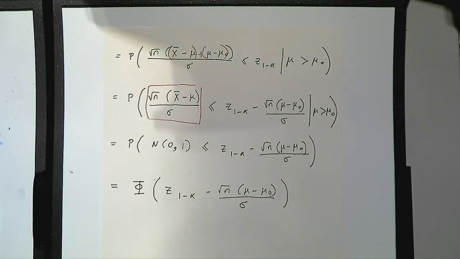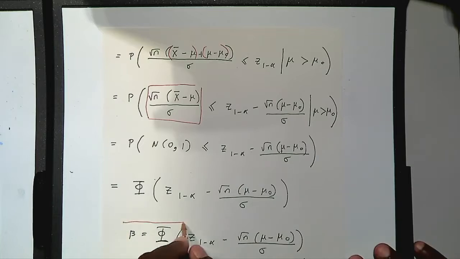All right. To complete the question, so what we have shown is that the probability of type 2 error is equal to this, right?